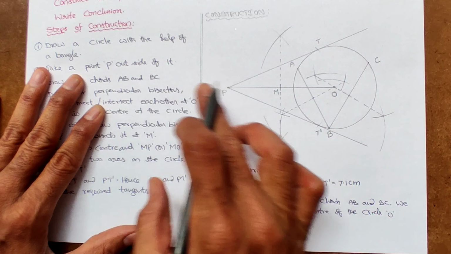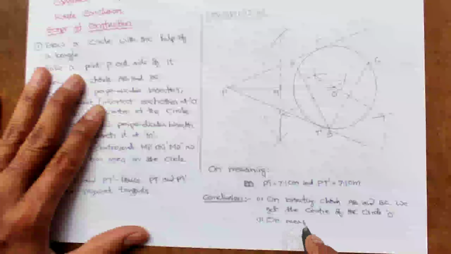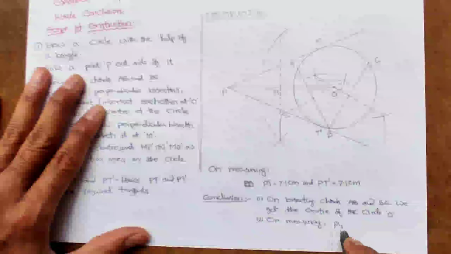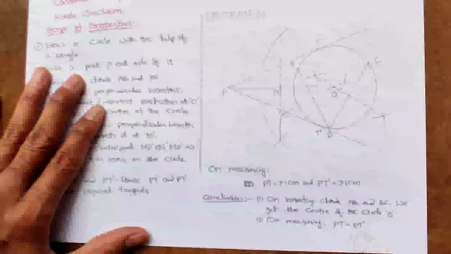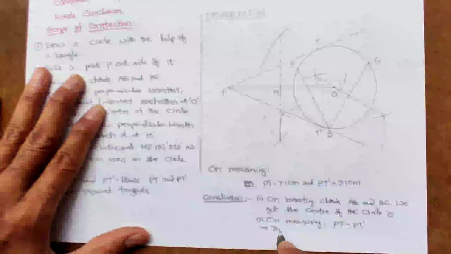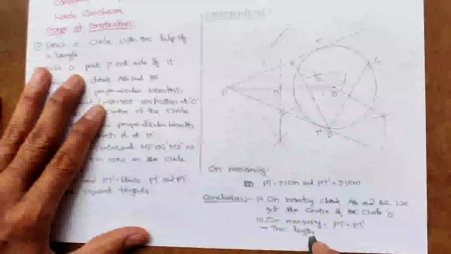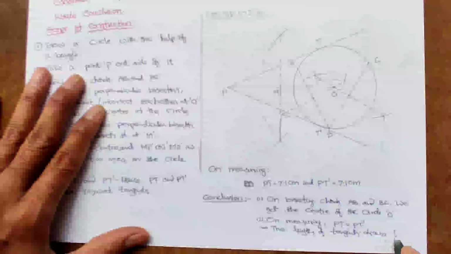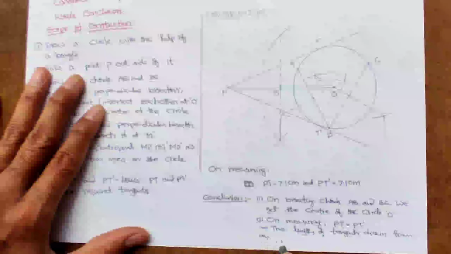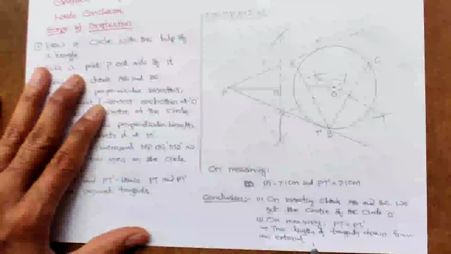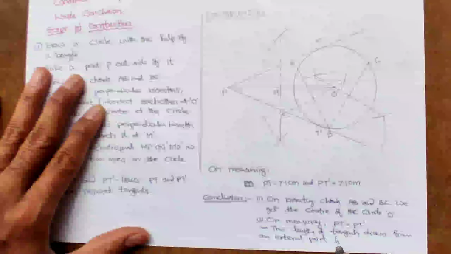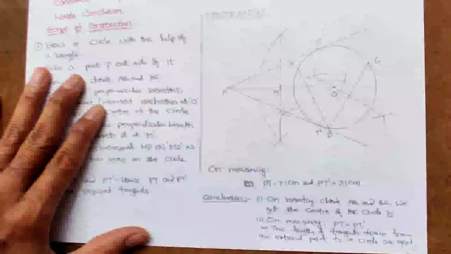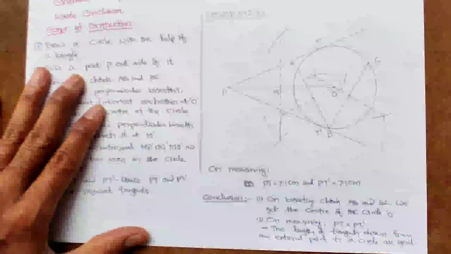Finally, on measuring we get PT and PT dash both equal. PT is equal to PT dash. That means the lengths of tangents drawn from an external point to a circle are equal. So we can give the conclusion in this way.